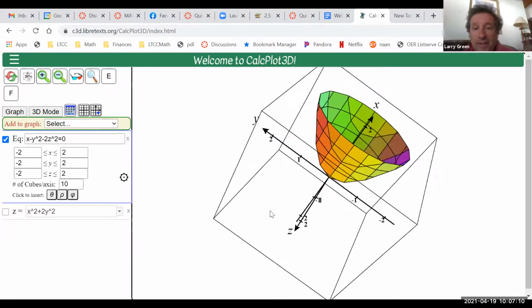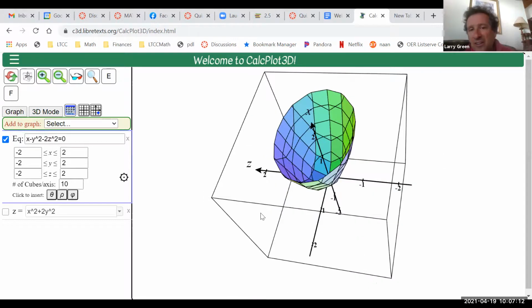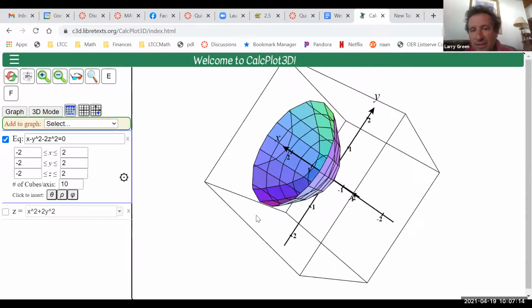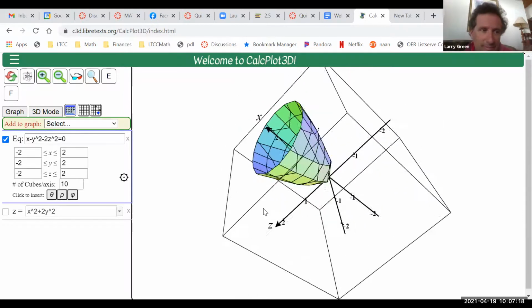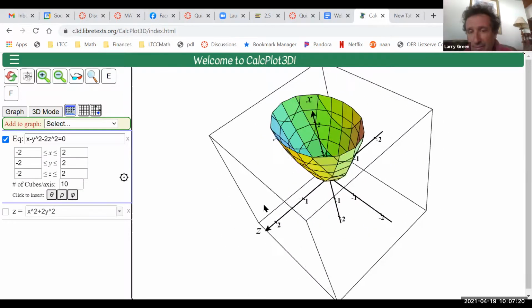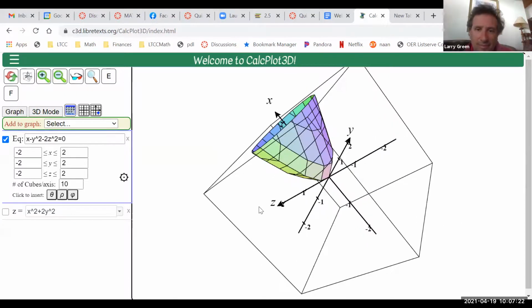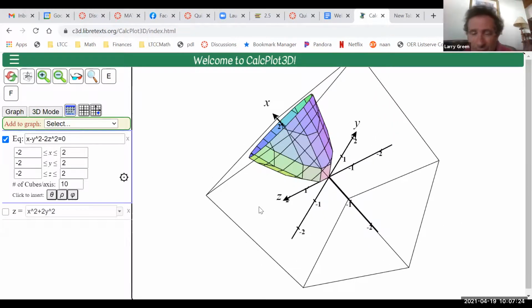Does it look much different? How's it changed? Yeah, it's the axis. It's just which is x, which is y, which is z.